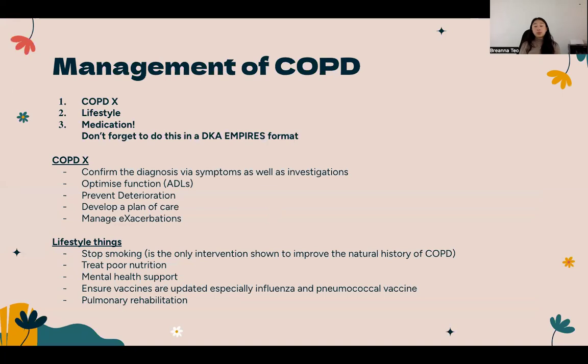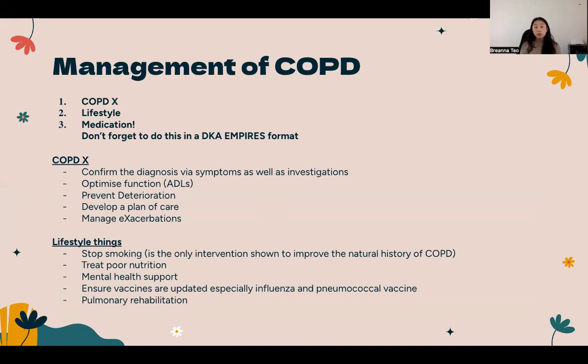In terms of management of COPD, we can do something known as COPD-X, and then lifestyle measures, and then medications. So COPD-X is an acronym used for COPD management, and it stands for C, confirm the diagnosis via symptoms and investigation, so that's like your lung function. O is to optimize function, and that's our ADLs, or activities of daily living.